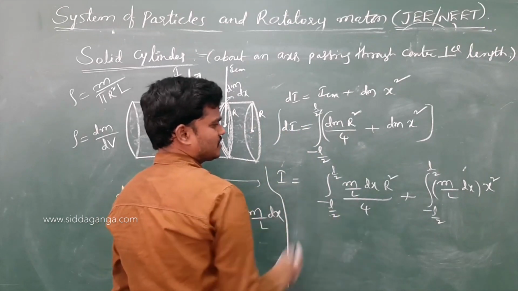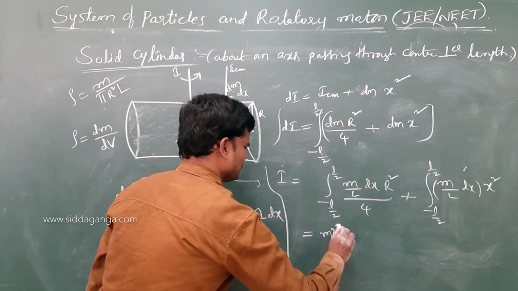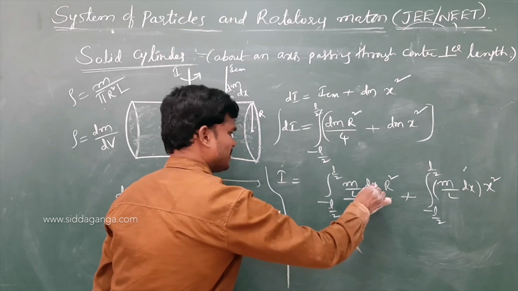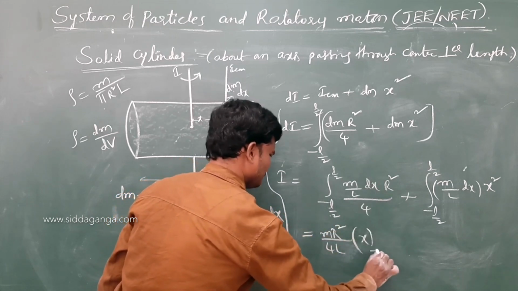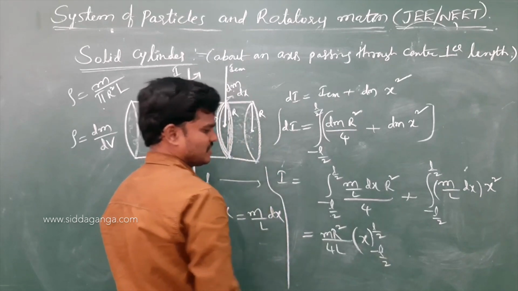Here everything is constant except dx. M r square by 4 into L, the integration of dx is x, and you apply the limits minus L by 2 to plus L by 2.